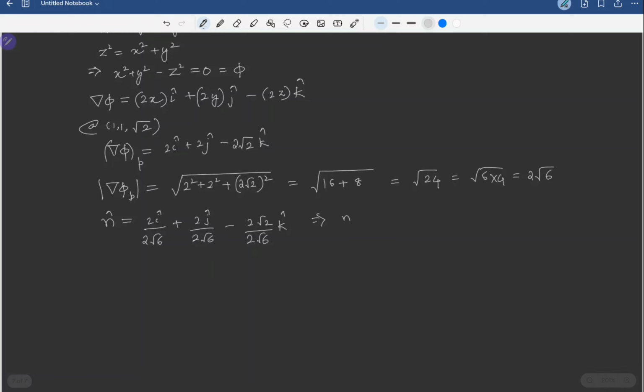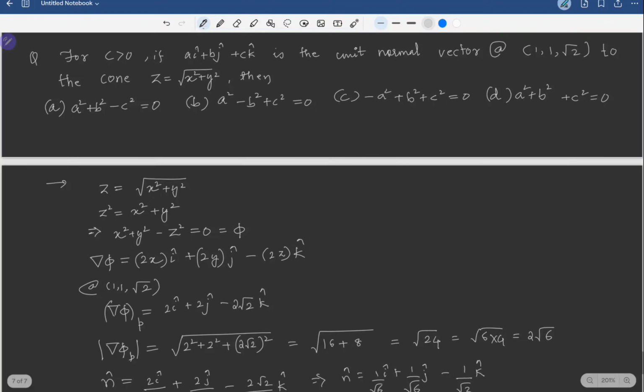This implies n cap is equal to, if we simplify, 1 by root 6 i cap plus 1 by root 6 j cap minus 1 by root 3 k cap.